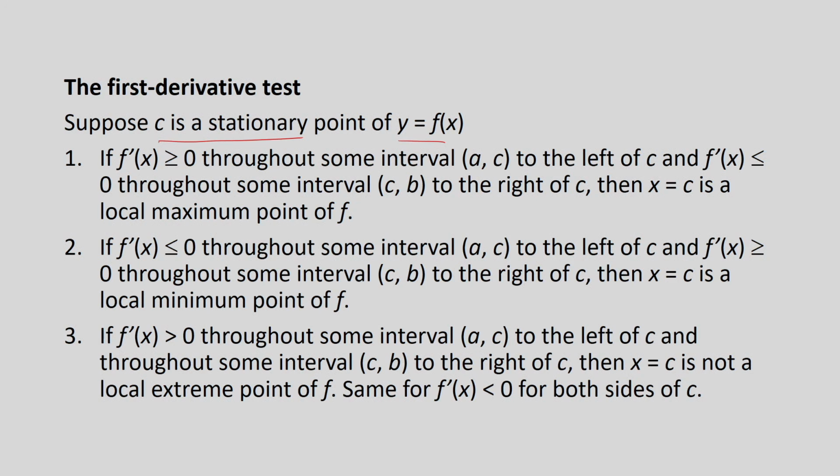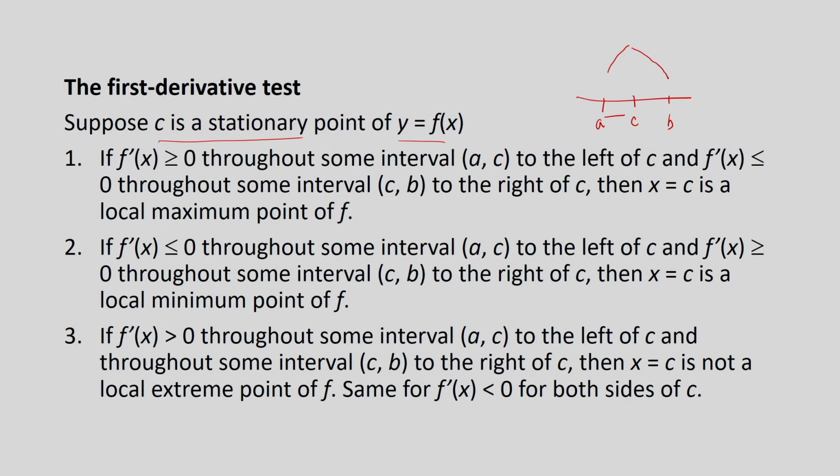Now, number 1, if f dash of x is greater than or equal to 0 throughout some interval a to c. A to c means what? So, you have c here and you have a here. In this interval f dash of x is greater than or equal to 0, to the left of c, and f dash of x is less than or equal to 0 throughout some interval c to b. So, suppose b is here to the right of c.